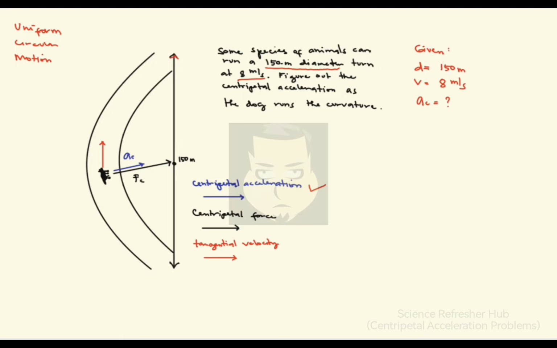The velocity vector changes if ever this creature is at this point already. I will just represent it by a dot or tiny circle. And if you try to draw the vector of our velocity at that point in time, it must be like moving in a curvature, so it must be a straight line like this.